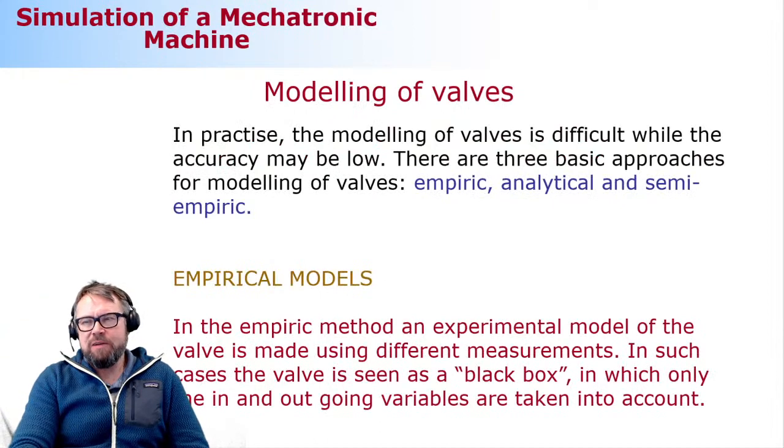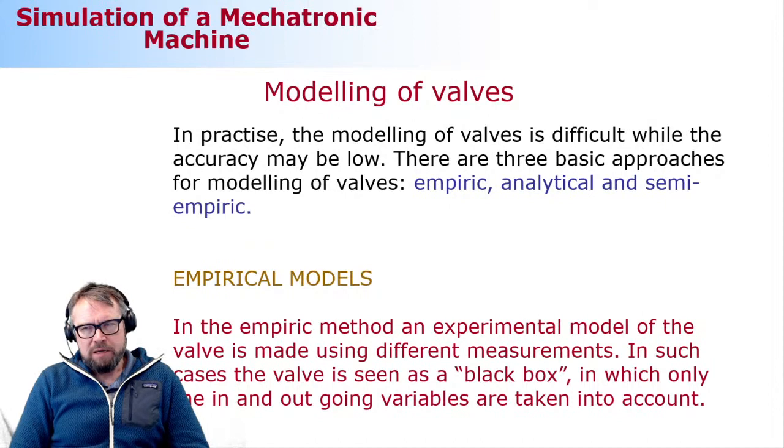What are these different philosophies? Empirical models are models describing the different components such that everything is based on measurements. So you do an awful lot of measurements and you build pre-calculated tables, lookup tables, if you may. They can also be put in the form of a neural network, if that's what you prefer.